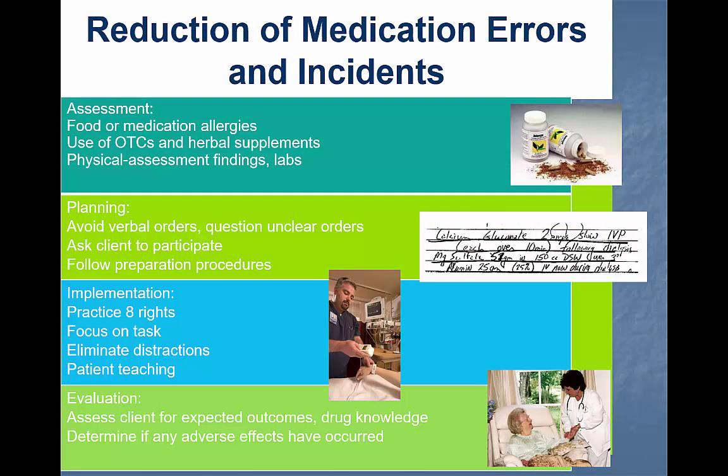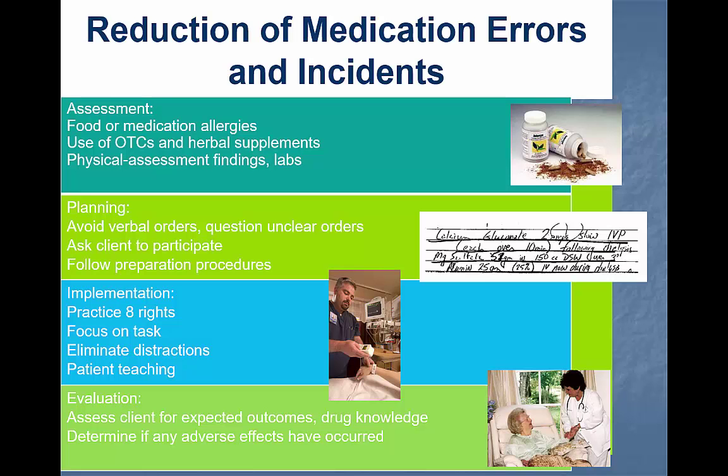And then these are just ways to follow the nursing process so that we can minimize errors and incidents. So of course it's assessment, planning, implementation, and evaluation. Assessment just goes to the patient: you're checking for allergies and you're knowing all about them. Are they mixing stuff with herbs? What are their physical findings? And did you check their labs first?